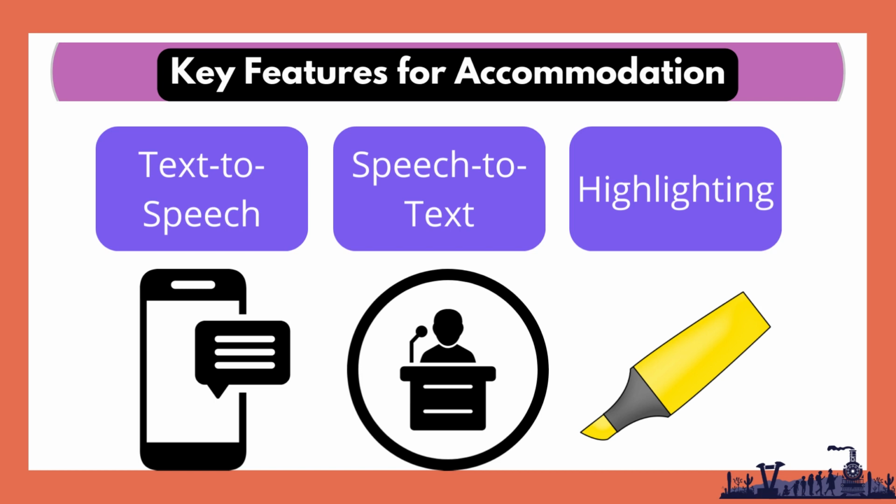This is very helpful for the students who are still developing their reading skills, and they need the support of teachers reading the questions to them, especially the math problems. Having that feature there is really helpful.